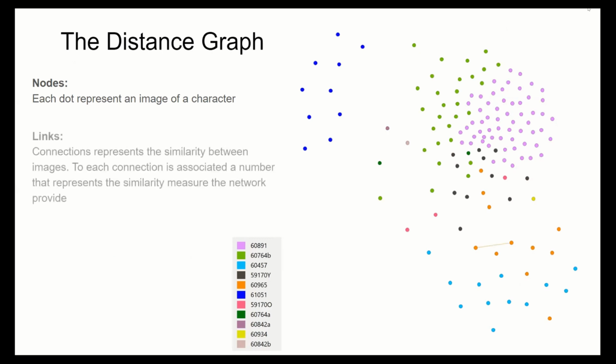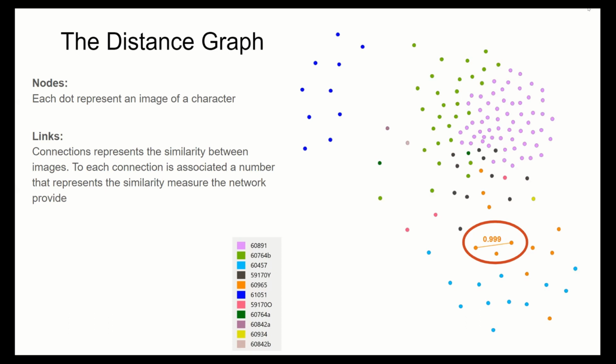The dots may be connected, and to each connection is associated the number that the network provides us to measure the similarity between the two images. In the example, it means that these two dots are linked with a similarity score of 0.999. It means that for the machine, those two examples are really similar.